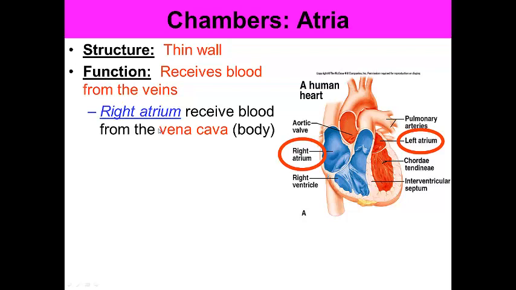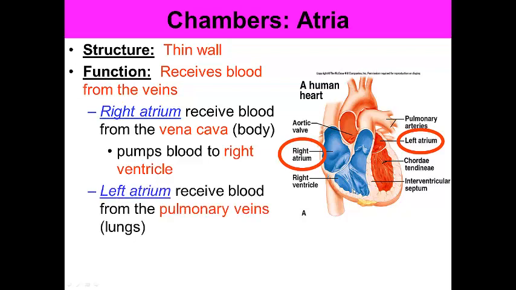That's the primary vein in the body. The atrium pumps the blood into the right ventricle. The left atrium receives oxygenated blood from the pulmonary veins and pumps blood into the left ventricle.